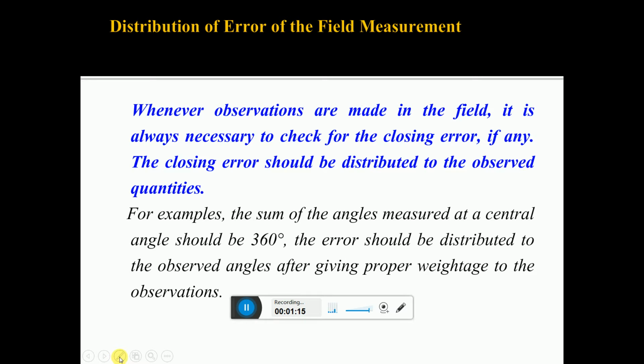Or I would like to quote one simple example. In second year, you conducted the compass traverse survey.